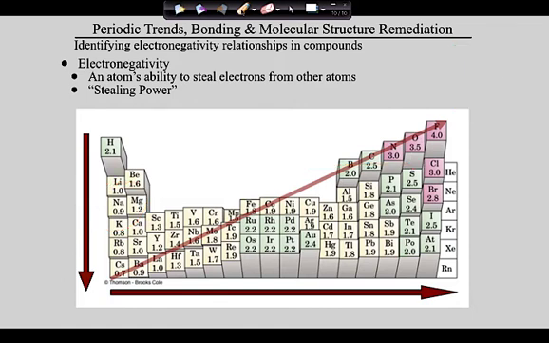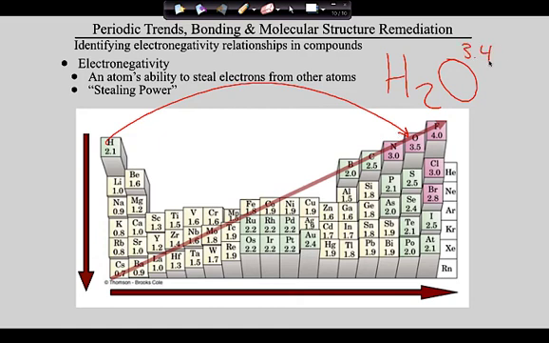Then finally, the last one that we talked about a moment ago was the molecule water. We see that oxygen is to the right of hydrogen, and that would tell us that oxygen is probably going to be stronger. When we look up their electronegativities, oxygen is 3.44, hydrogen is 2.2, and we would then understand that oxygen is the more electronegative element.